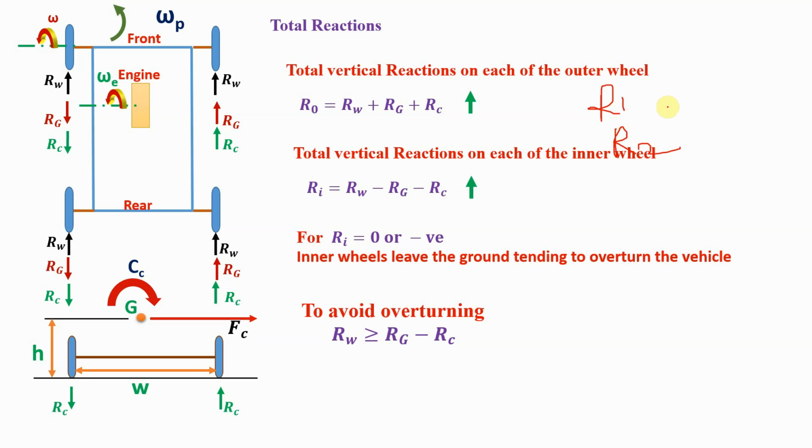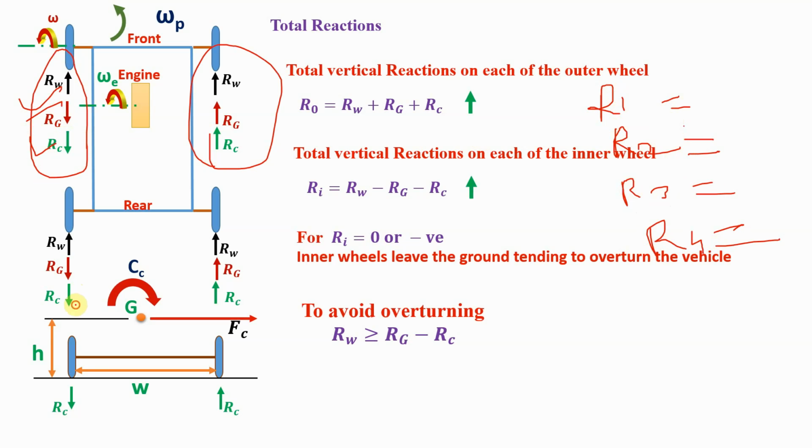So there will be four equations, say R1, R2, R3 and R4. If the directions of reactions for each of the wheels are not the same, you will find out the total reaction on wheel number 1, wheel number 2, wheel number 3 and wheel number 4 separately, and check whether there are any chances of negative reactions. Thank you.